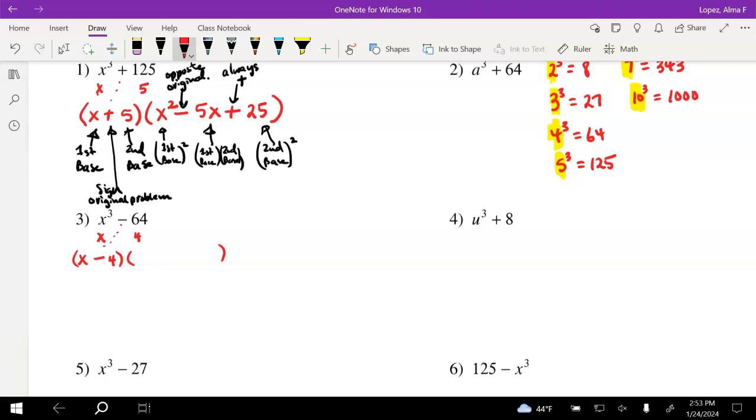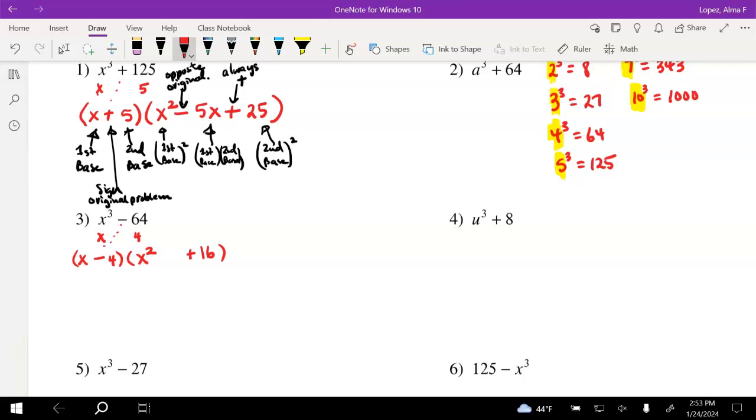To build the trinomial, we take the first base we identified and square it. X times x is x squared. To get this last term, we're going to take the second base and square it. 4 squared is 4 times 4, which is 16. This sign is always a plus.